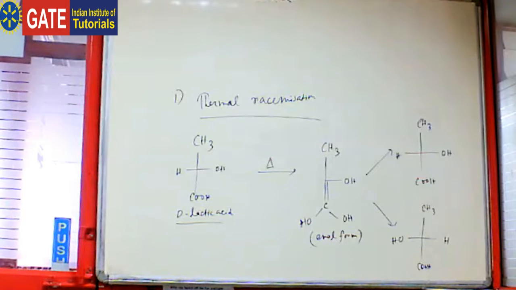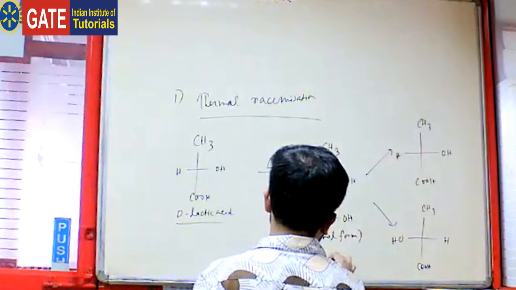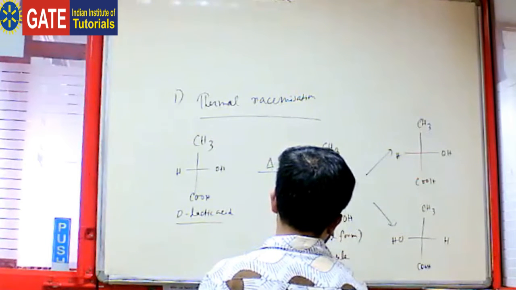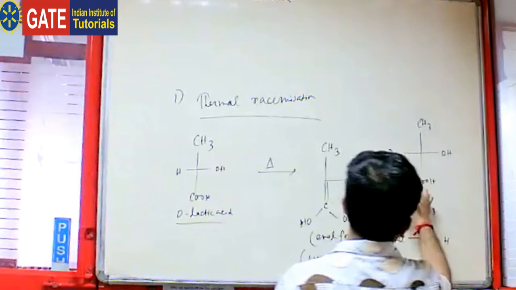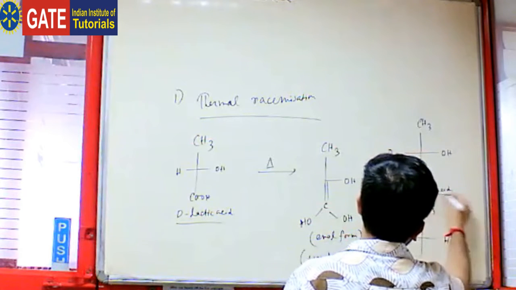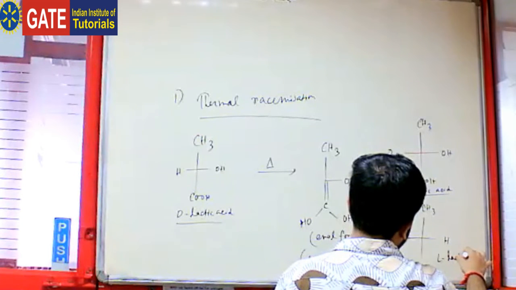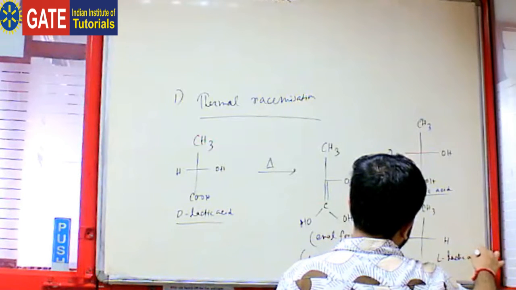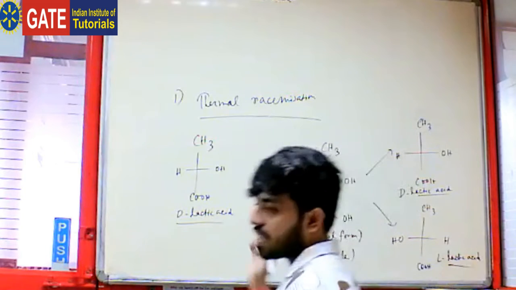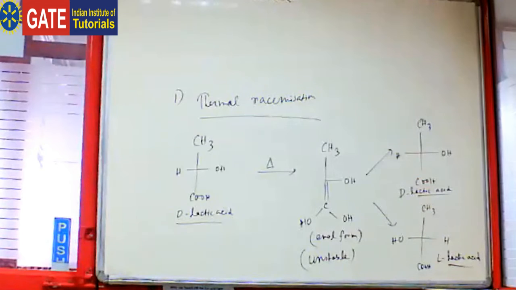This intermediate which is forming is unstable. So this is D-lactic acid and this is L-lactic acid. So this is the racemic mixture.